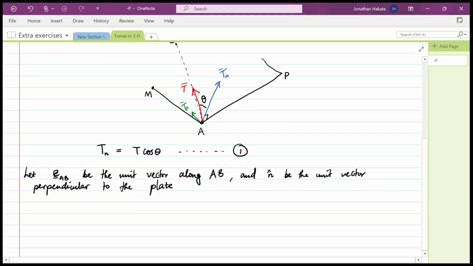EAB is along the red arrow, and n hat is along the blue line.